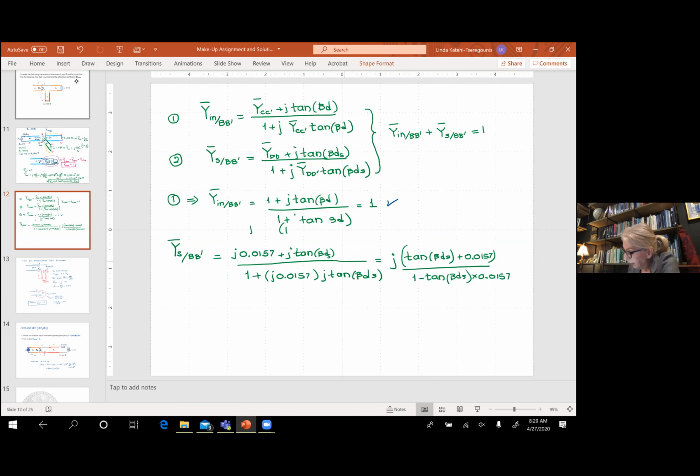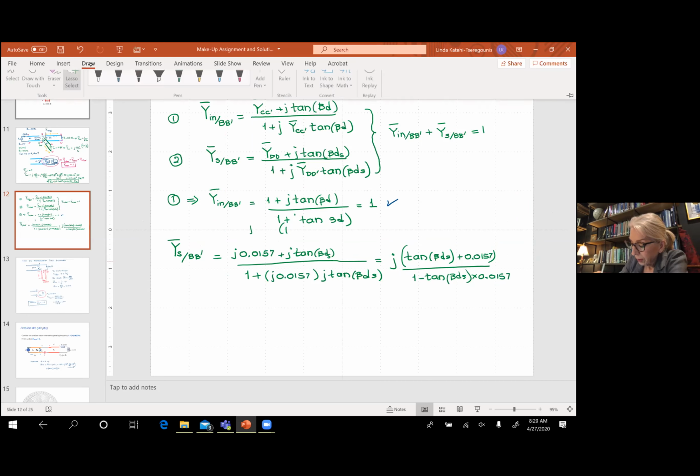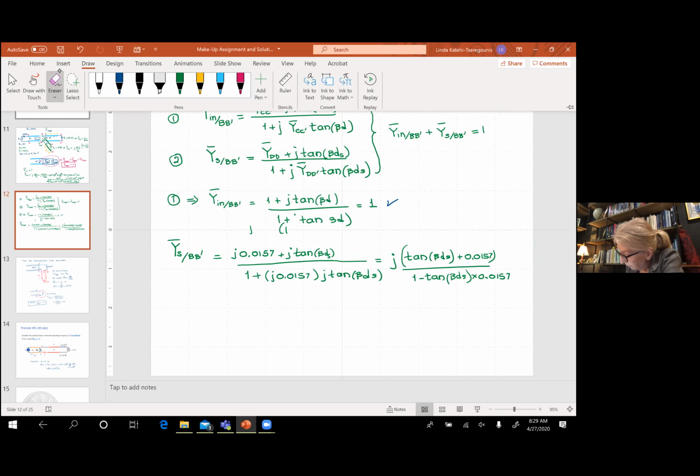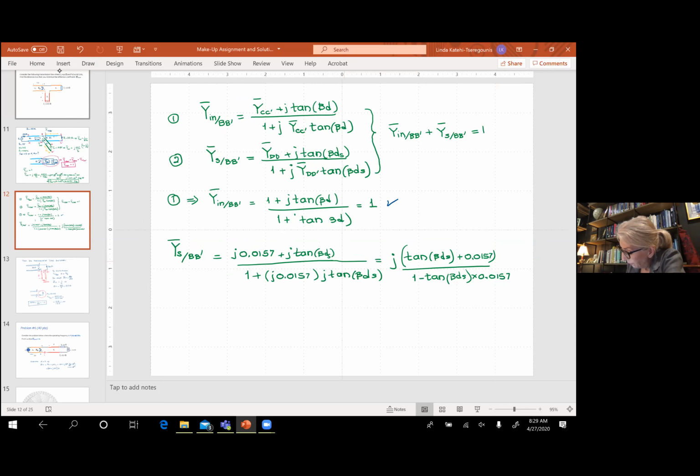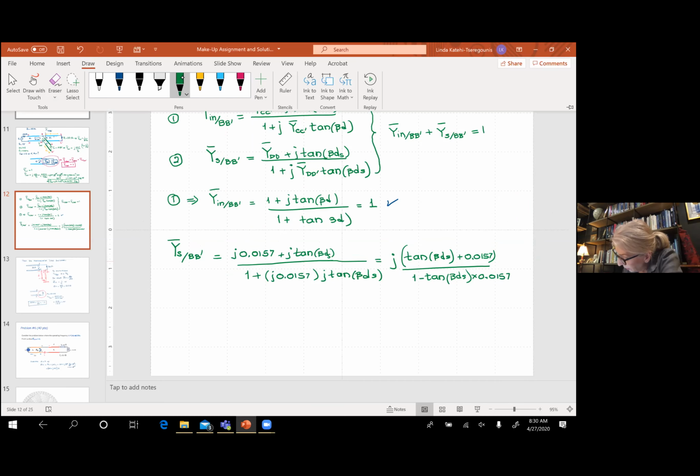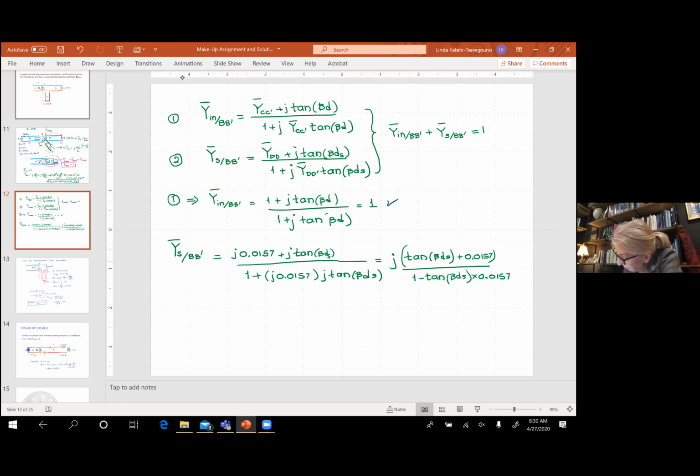So what we see from here is, sorry, all right, let me, I missed it. So this one is J tangent beta. Okay, so what we see from 3 and 4 is that 3 is 1.